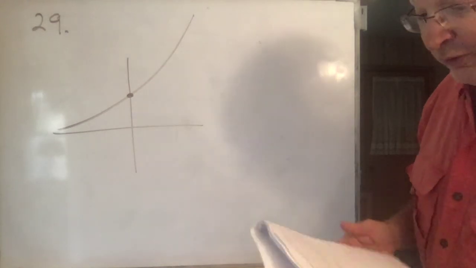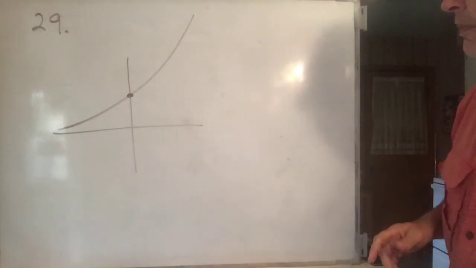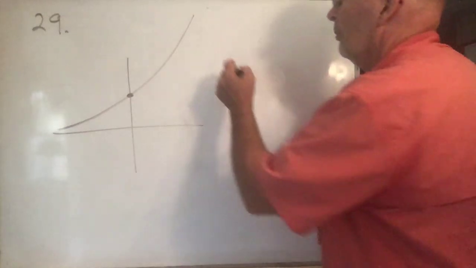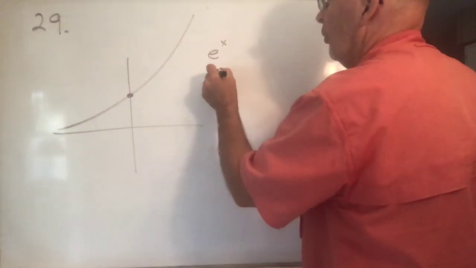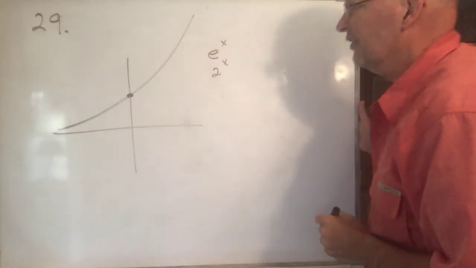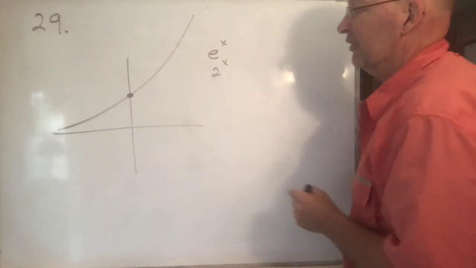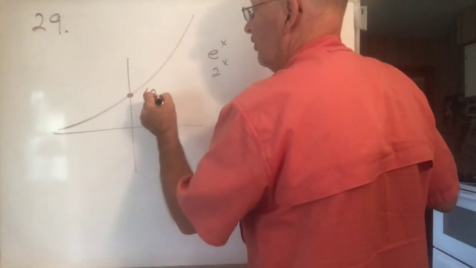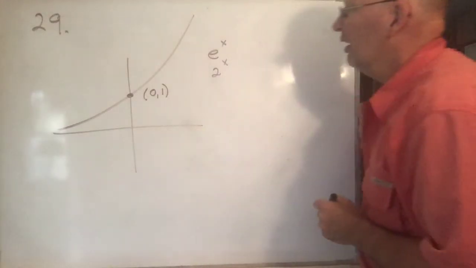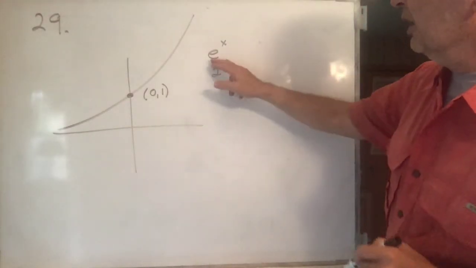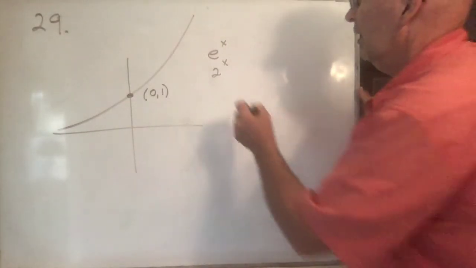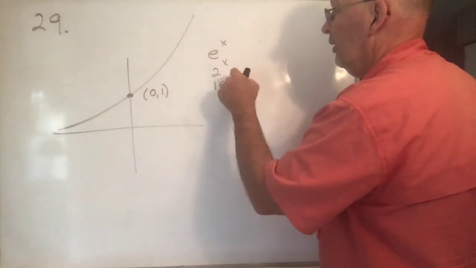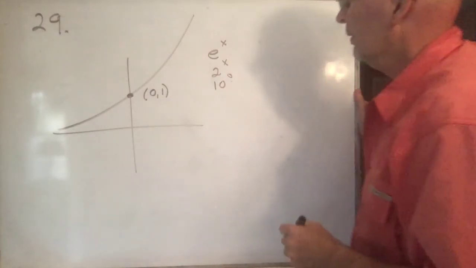There's an exponential function that could be of the form e to the x, or it could be of the form 2 to the x. They all have the same general shape, and what's key is that they all go through the point 0, 1. Okay, 2 to the 0 is equal to 1, e to the 0 is equal to 1, 10 to the 0 is equal to 1. They're all equal to 1.